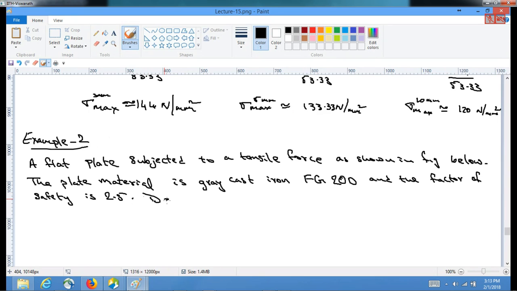We need to determine the thickness of the plate.